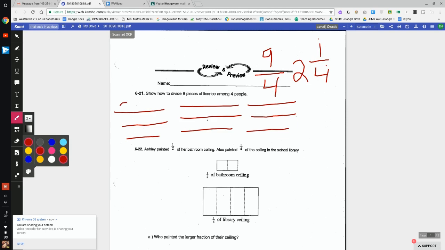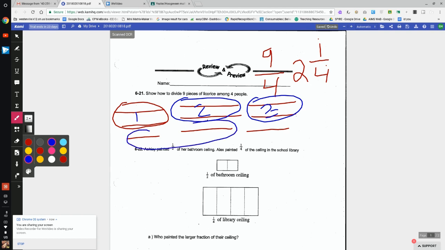So any way you want to, I just think it's easy to go, hey, there's person 1's getting this. Person 2 is getting this. Person 3 is getting this. Person 4 will get their 2 pieces here. And now we have our last piece.